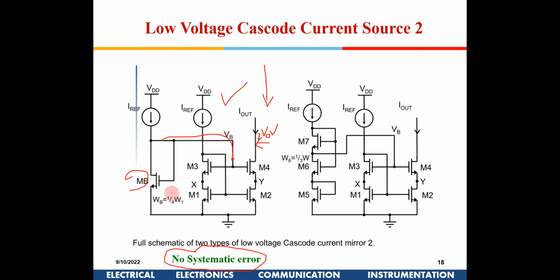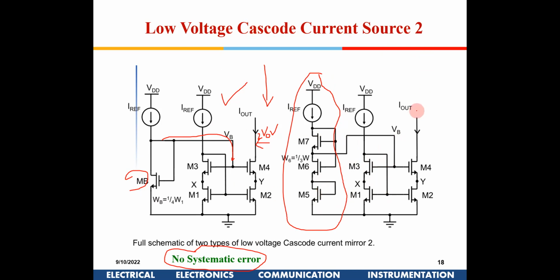So this is a very useful circuit which one could use. This has all the small issues which we faced in our earlier circuits eliminated. This is again the circuit in which the generation of VB is done with the other circuit, which you need to analyze. This is known as low voltage current source 2.